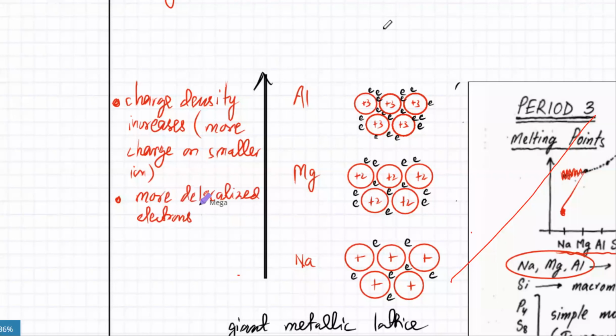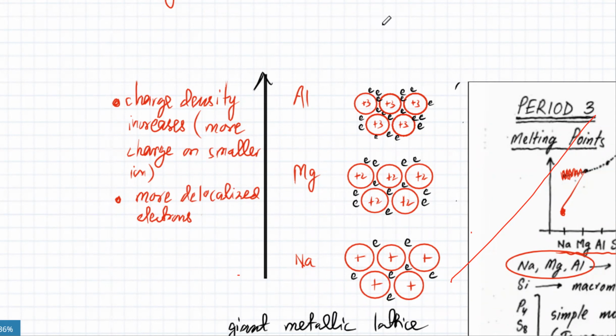So there's obviously going to be stronger metallic bonds. So because of the two factors, the melting points increase. Stronger metallic bonds are formed.